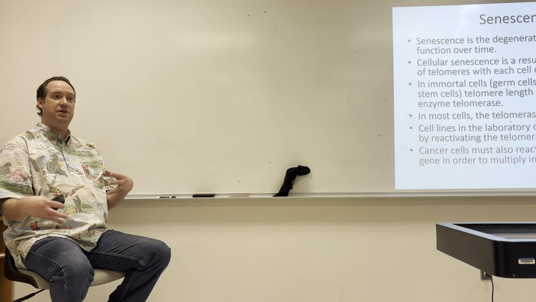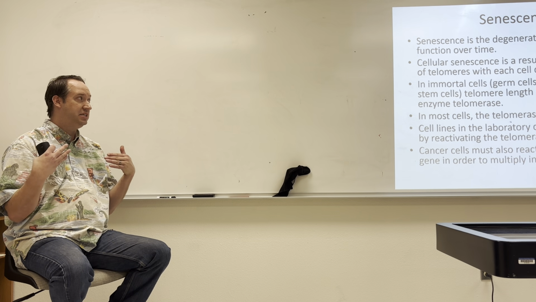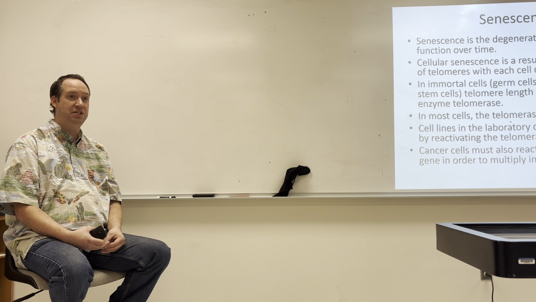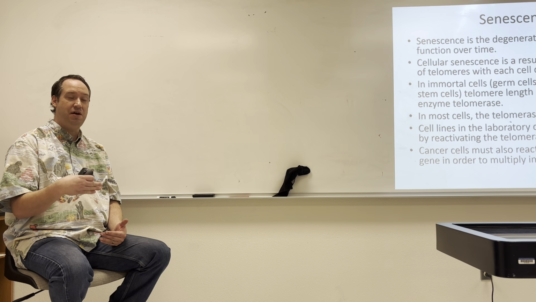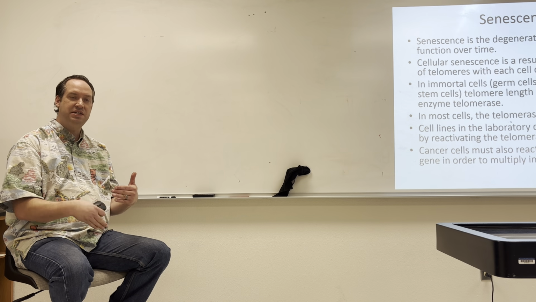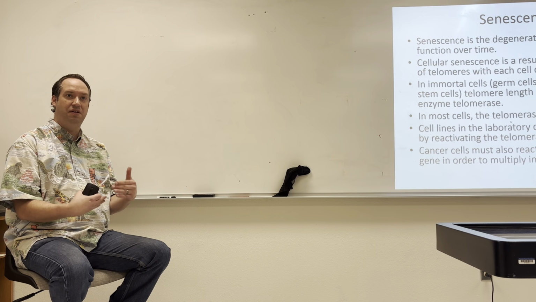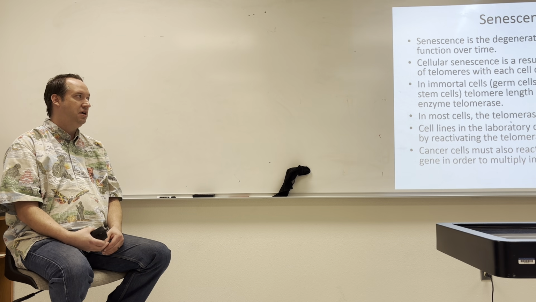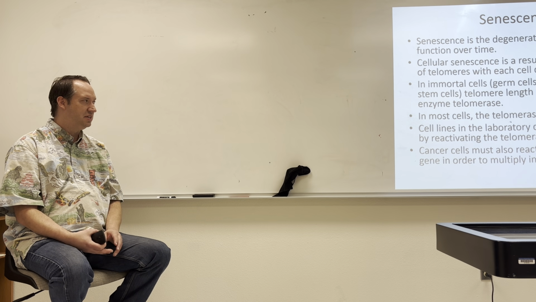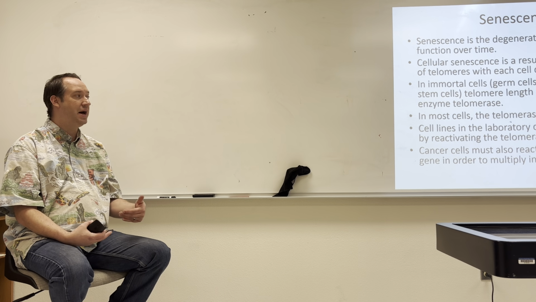Senescence is the degeneration of the organ systems that happens over time. And it is pre-programmed into your genes because every time that DNA replicates, it slices off the end of the strand, that telomere that's at the end. Immortal cells like stem cells have an enzyme called telomerase that puts it back.